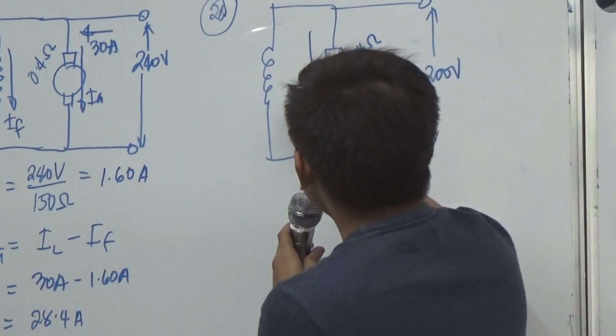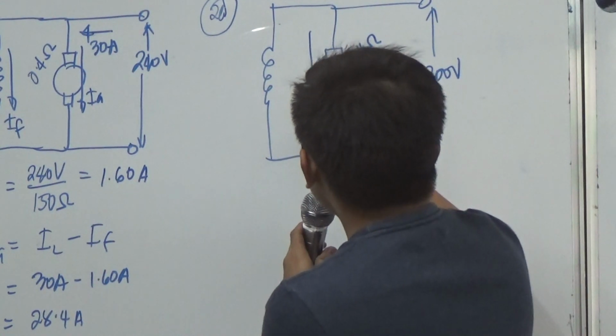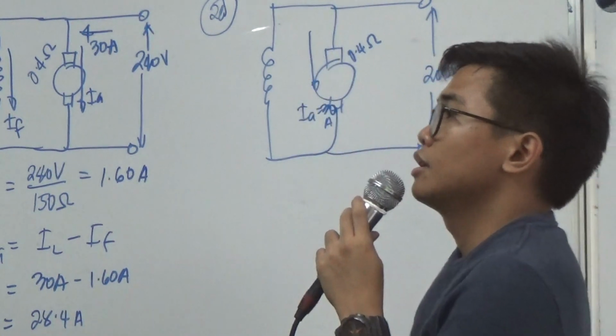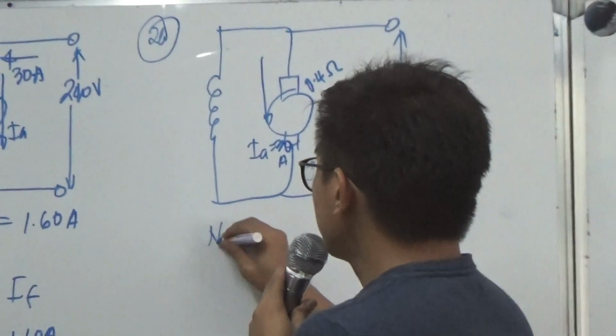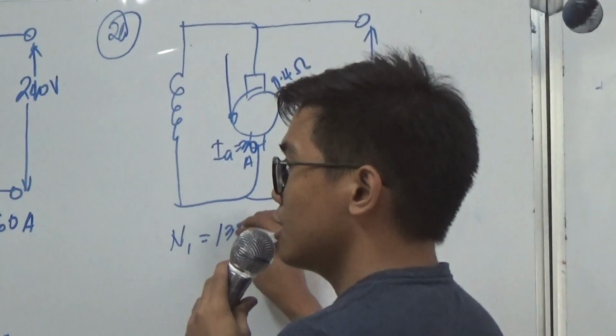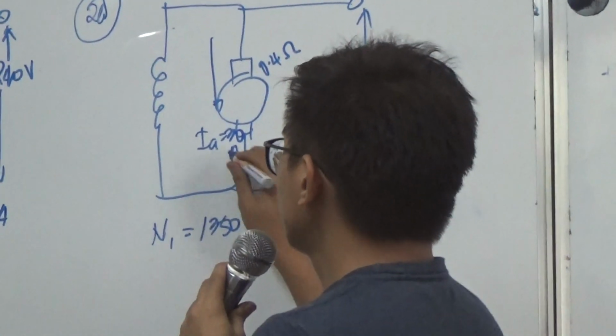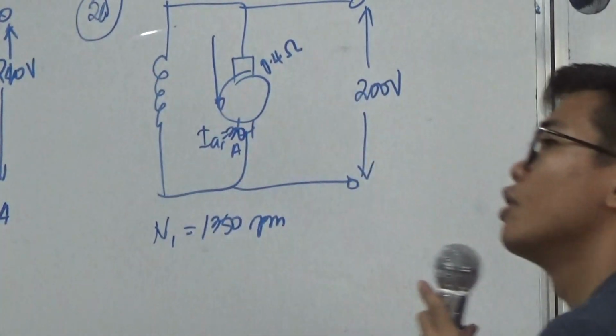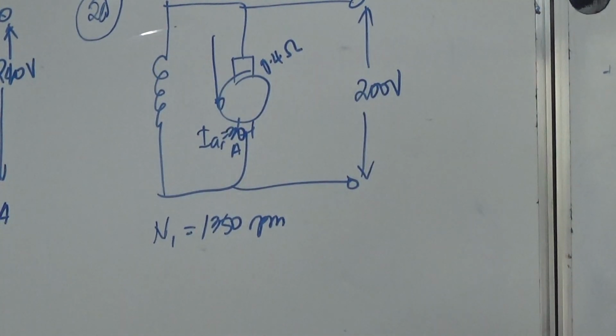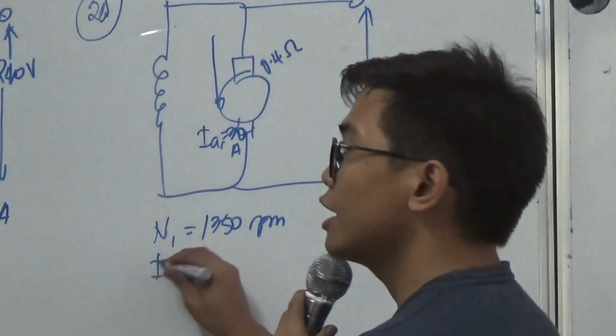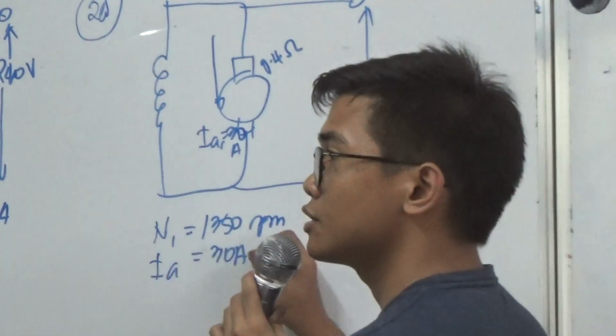So, same figure as this, no? Shunt lang kasi. So ito daw IA mo is 30 amperes, and runs at N1 is 1350 RPM. So lagay ko na dito, no? IA is equals to 30 amperes.